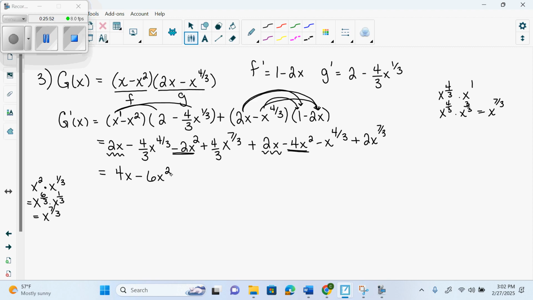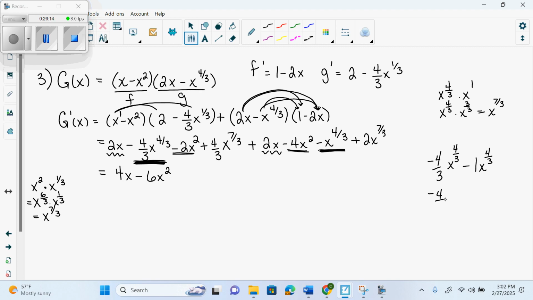And then we have negative 4/3 x to the 4/3. Negative 1x to the 4/3. I'm going to write that over here. Negative 4/3 x to the 4/3 minus 1x to the 4/3. Put them together by subtraction.